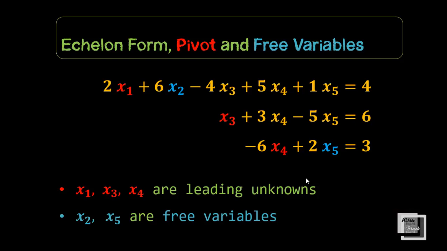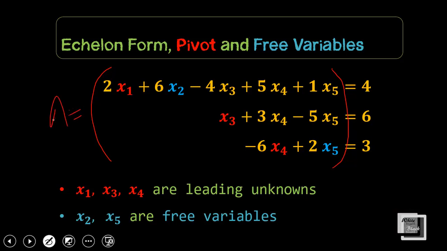The matrix corresponding to this example: if I denote the matrix represented by the coefficients of the unknowns as matrix A, the entries of this matrix will be 2, 6, minus 4, 5, 1, 0, 0, 1, 3, minus 5, 0, 0, 0, minus 6, 2.